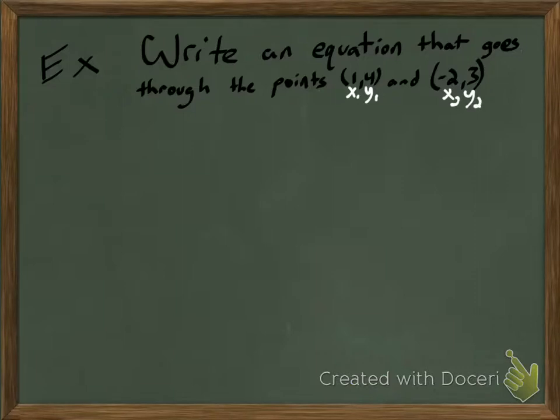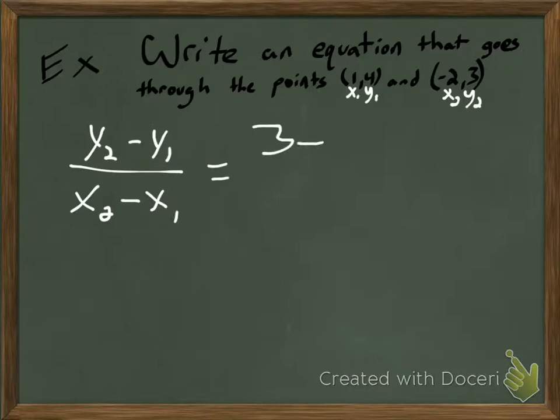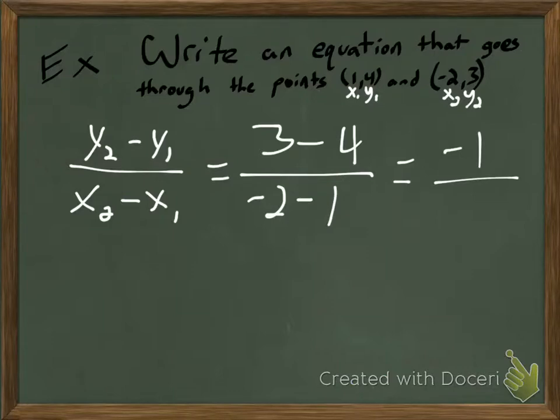Remember that the slope formula is y2 minus y1 over x2 minus x1. So this would be 3 minus 4 over -2 minus 1. 3 minus 4 is -1. -2 minus 1 would be -3. A negative over a negative gives me positive 1/3. So now I have my slope.